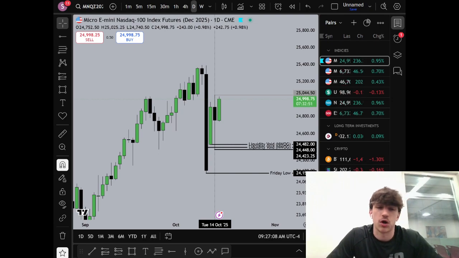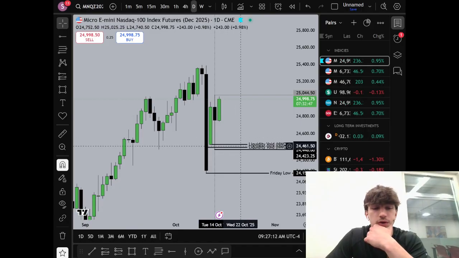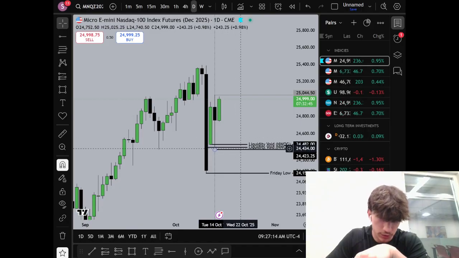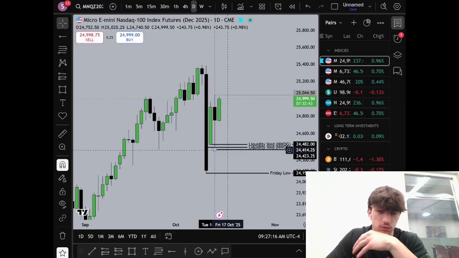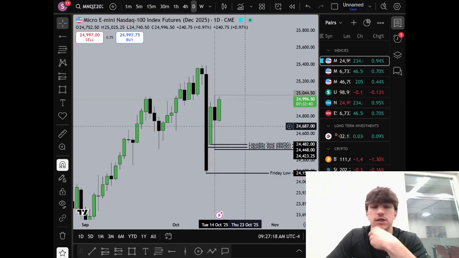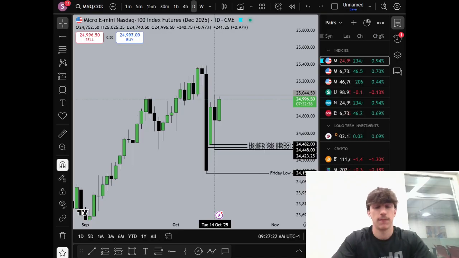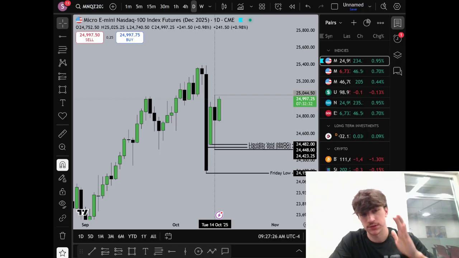I don't know if we'll move all the way down to fill that void, or if we already filled it. So I don't think we're gonna move down there, but we definitely could. With nothing else in play, it's telling us to target the low.